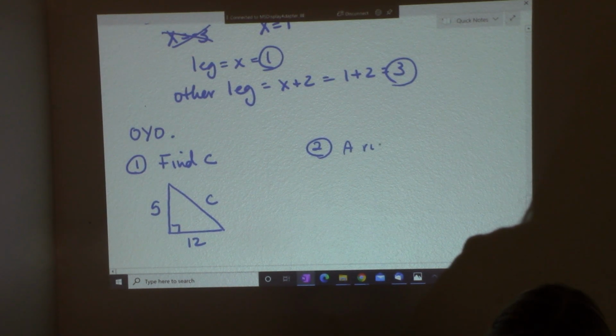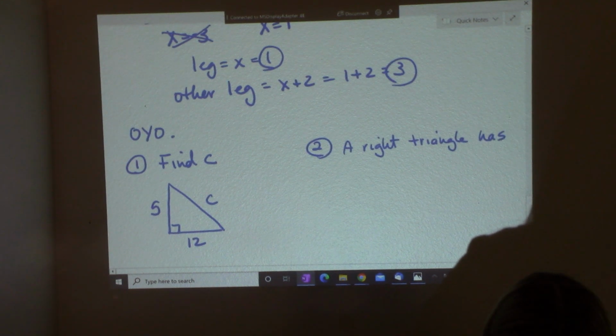A right triangle has one leg three inches longer than the other.